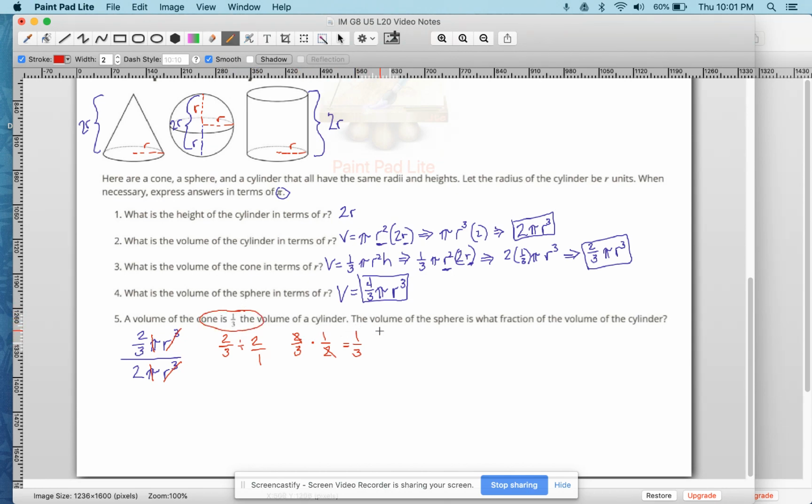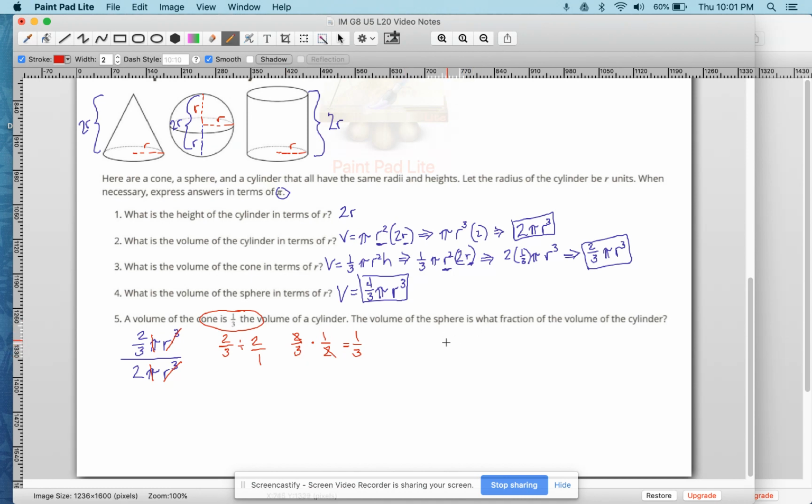Now they're asking us, what fraction of the volume of the cylinder is the volume of the sphere? So now we need to compare the volume of the sphere to the volume of the cylinder and replicate this for these two.